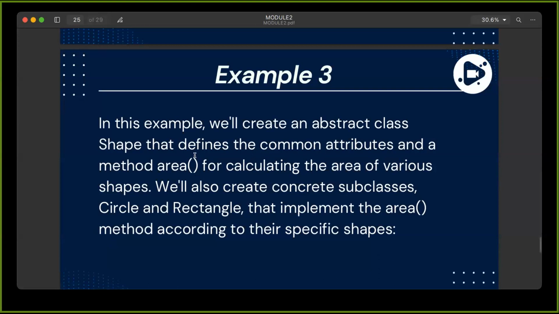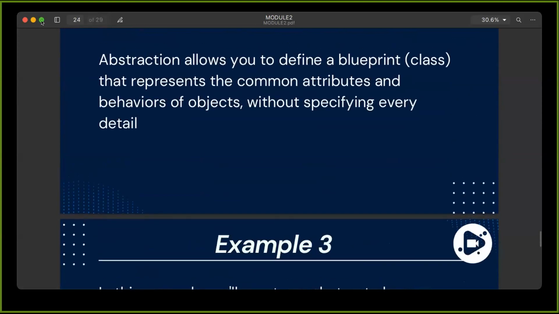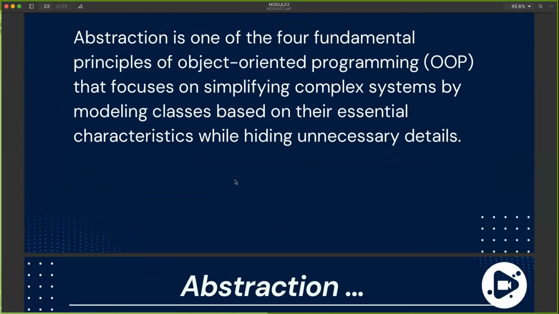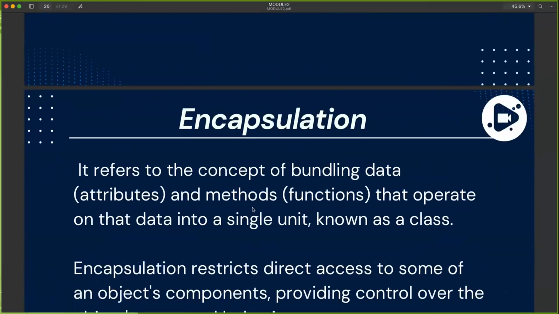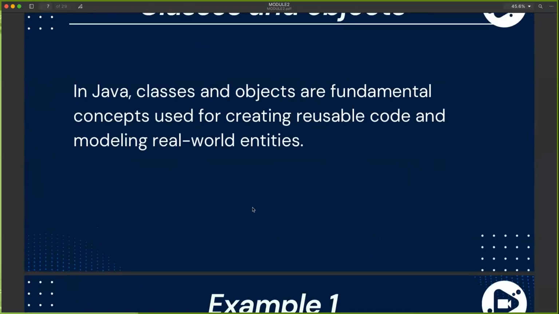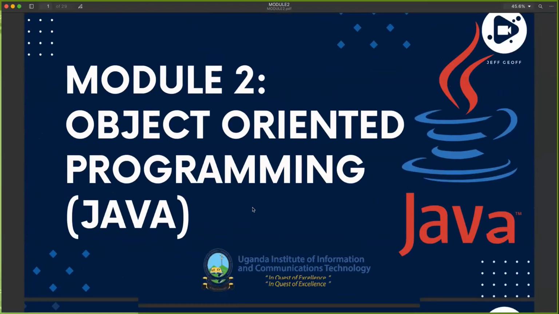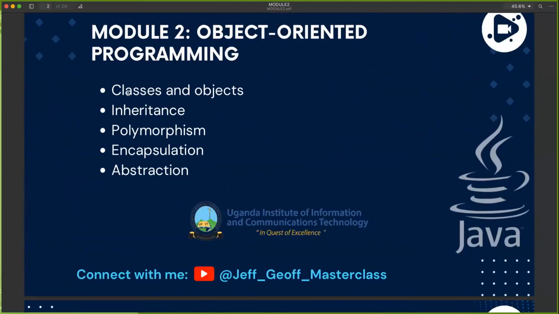Maybe just an overview. Let me explain now for the last time so that maybe you pick up. When we are dealing with object-oriented programming, we are looking at classes and objects, which we did, inheritance, polymorphism, encapsulation, and abstraction.